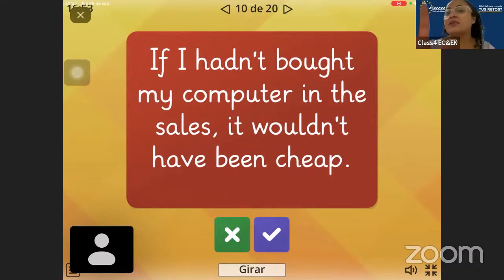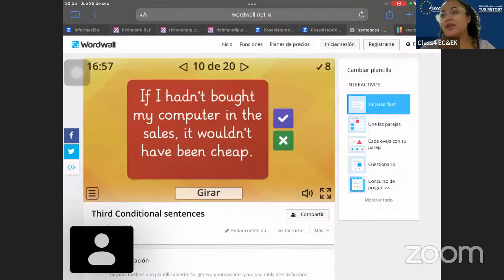Anyways, I'm going to stop here with this exercise, guys. But it's important when you make these kind of sentences into third conditionals, try to make it sense, okay? Follow the grammar rule, but at the same time, make it sense, okay?